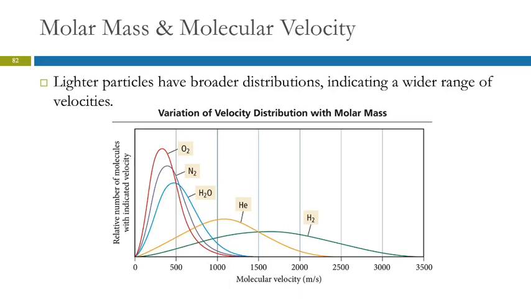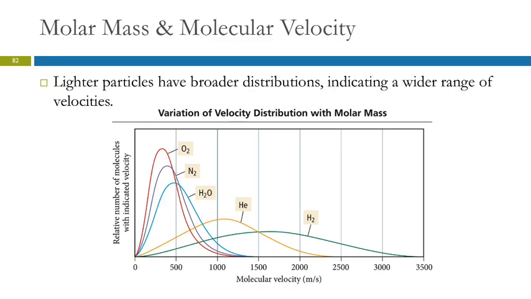So we talked about the differences between lighter molecules and heavier molecules. They have different average velocities at the same temperature. But the way that average is distributed looks different too. So here we have oxygen with a molar mass of 32 grams per mole, and here's hydrogen with a molar mass of 2 grams per mole. And these in between, from oxygen to hydrogen, are decreasing in molar mass.